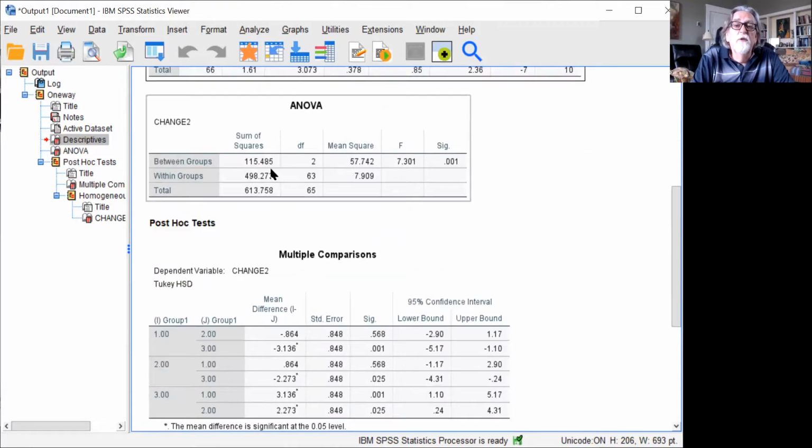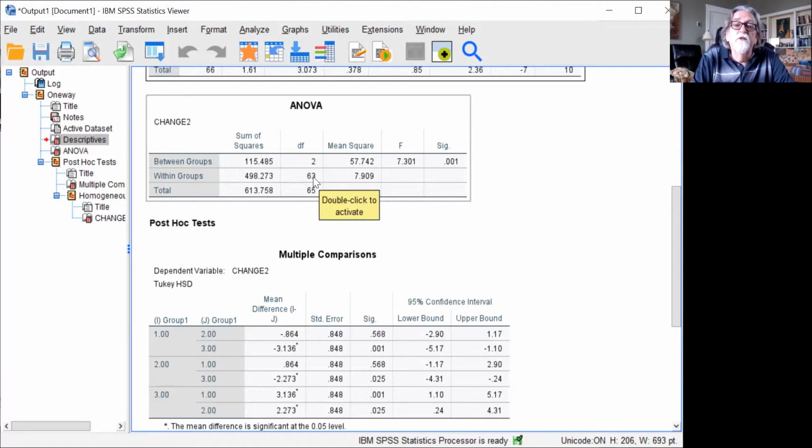When we go to the ANOVA section, once again, we have the between groups and the within groups. Sum of squares between groups divided by groups minus 1, 2, gives us a mean square of 57. Sum of squares within groups is 498.33 divided by degrees of freedom, which is total N minus the number of groups.